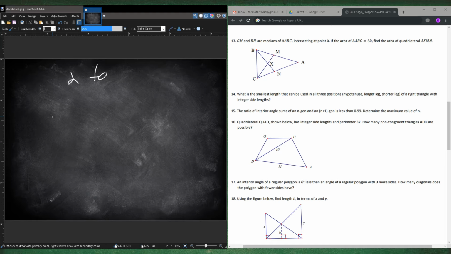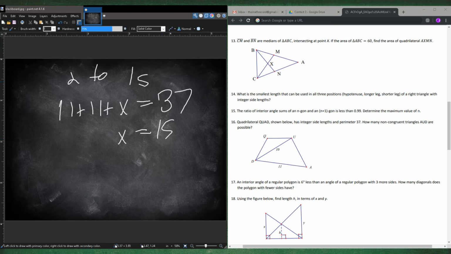So the smallest possible that's larger than 10 is 11. So if that's 11 for QU and QD plus QA, which is 11, plus UA, which we will call x, is equal to 37 because that's the perimeter. So x has to be equal to 15. So the largest amount they could go up to is 15.